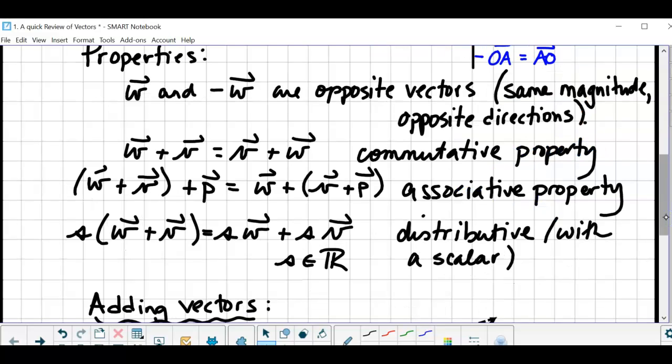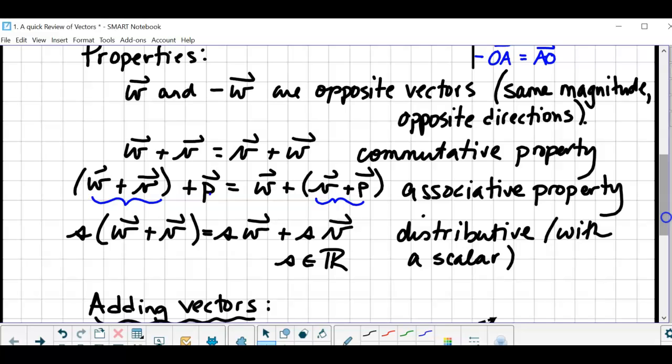If you add vectors together, it doesn't matter what order you add them, so that's the commutative property. Just like numbers, it doesn't matter. If you add two vectors together and find the resultant, and then add a third, it's the same as adding the first one with the resultant of the next two. That's the associative property.